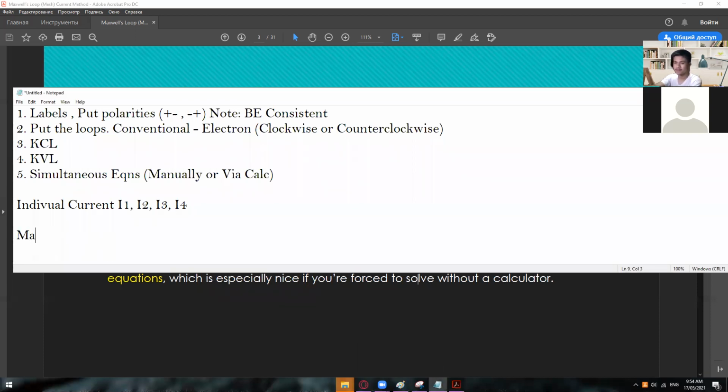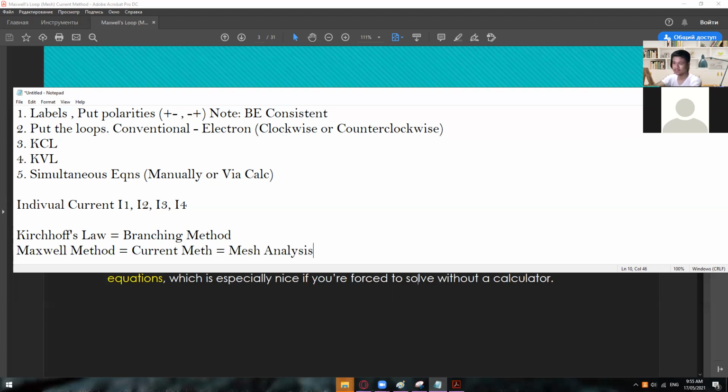Let's start with Kirchhoff's law first. The other terminology of this one is the branching method. We call this one branching method, so those two are just the same. When we say the Maxwell method, we call this one the current method or mesh method, or even mesh analysis.